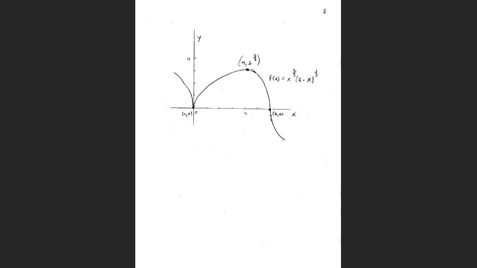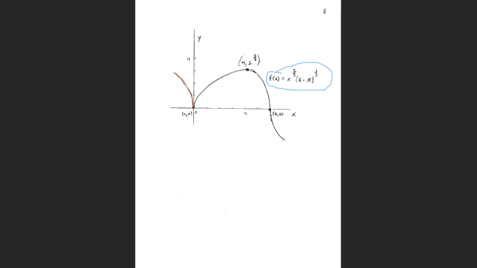Okay, here's our function. It's graphed, and you can see the function from -infinity to 0 is decreasing and concave down. And then there's that vertical tangent at x equals 0.